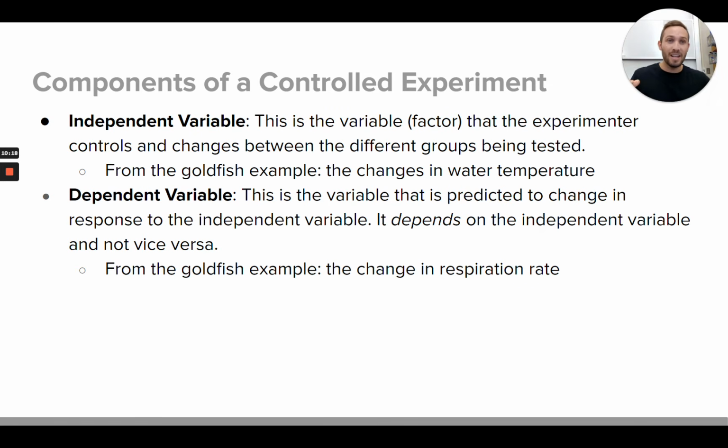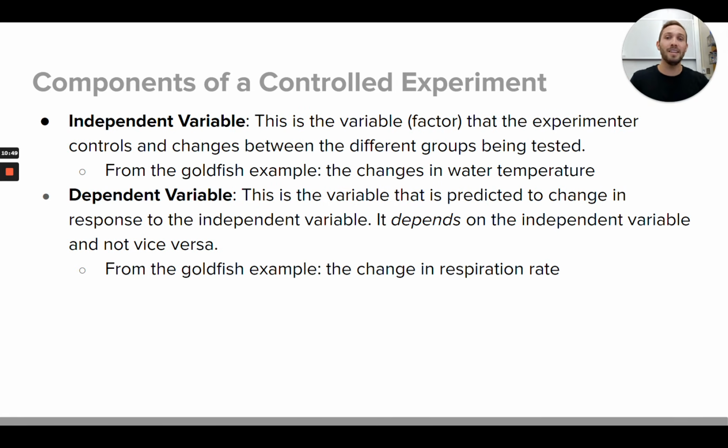In my goldfish experiment, the thing that I purposefully made different between the 5 groups, the 5 goldfish that I was testing, was the water temperature and how much it was changing, if it was getting warmer and how much warmer, if it was getting colder. The change in water temperature was what I was manipulating. That is the independent variable.